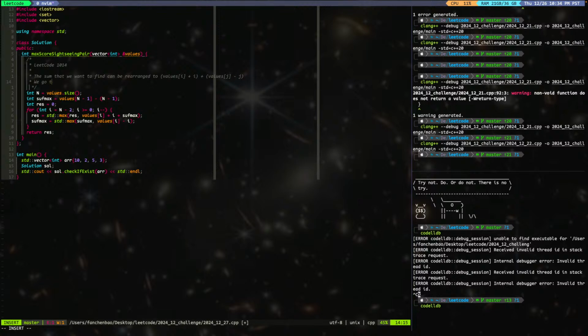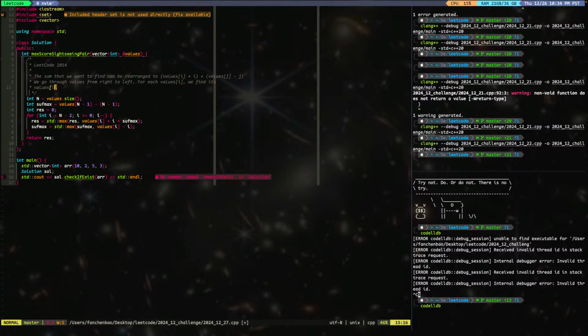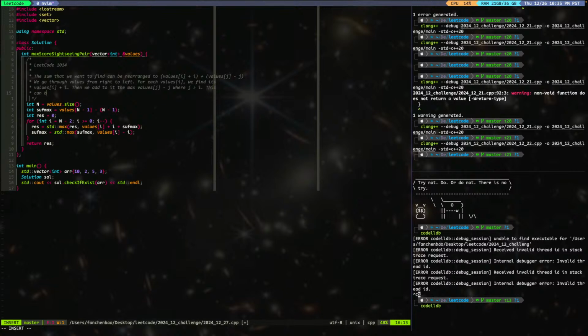We go through values from right to left, and for each values[i], we find its values[i] plus i. Then we add to it the max of values[j] minus j, where this can be found via suffix max.